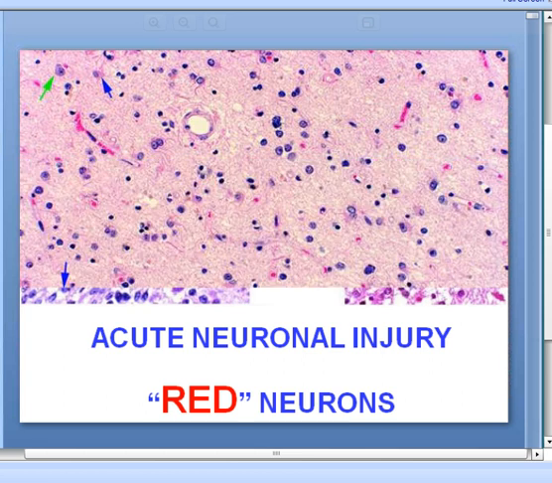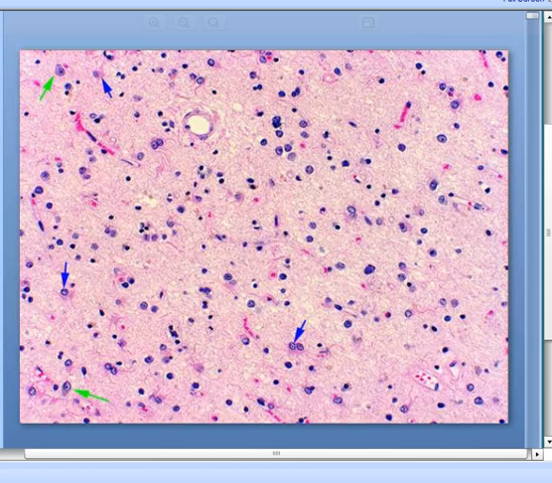And here's another situation in which you have some chronic central nervous system injury. And you could see that there are generally more glial cells than there should be. So, you know what?